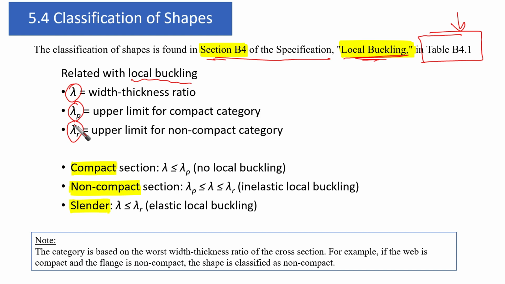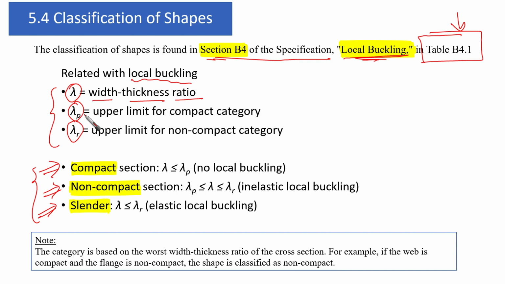The point is, we have three different types of shapes. We call them compact, non-compact, and slender. And we are going to distinguish among these three types by using the parameter lambda. So lambda is the width thickness ratio, as we said before, whether for the flange or for the web.